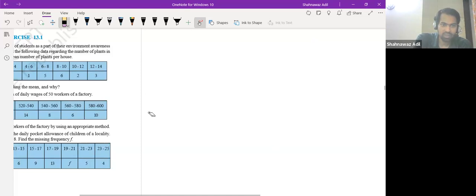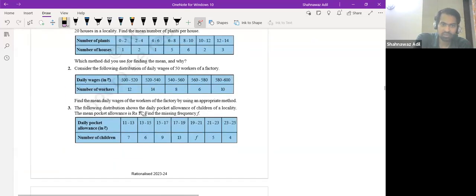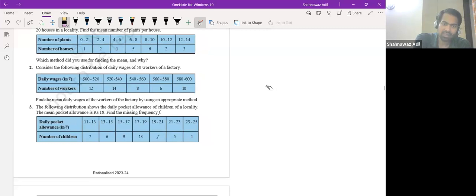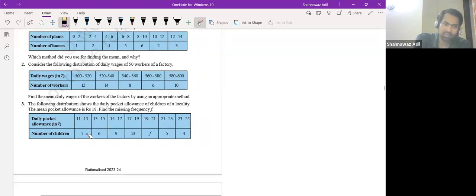The following distribution shows the daily pocket allowance of the children of a locality. The mean pocket allowance is 18. Find the missing frequency, which is F, right? So this we have to find out. The numbers are quite small, so we can use the direct method.